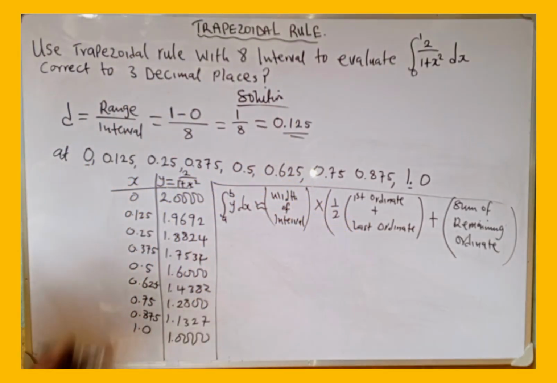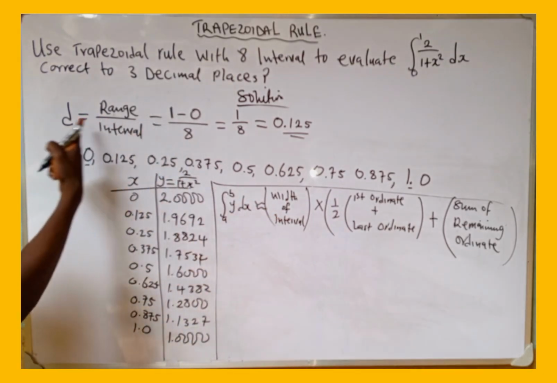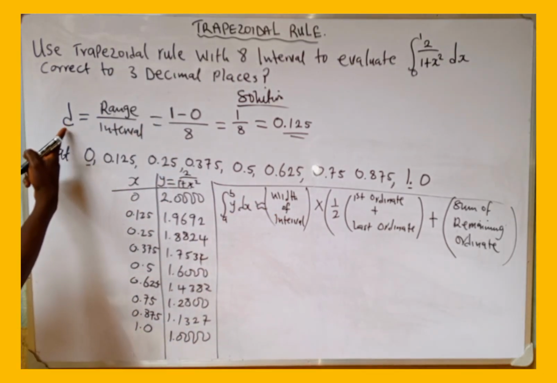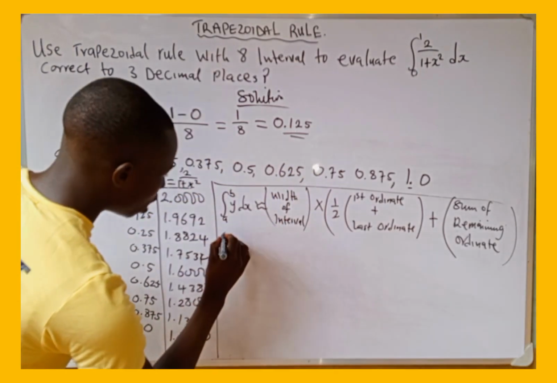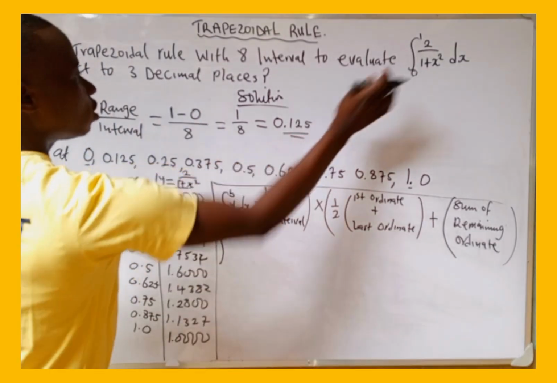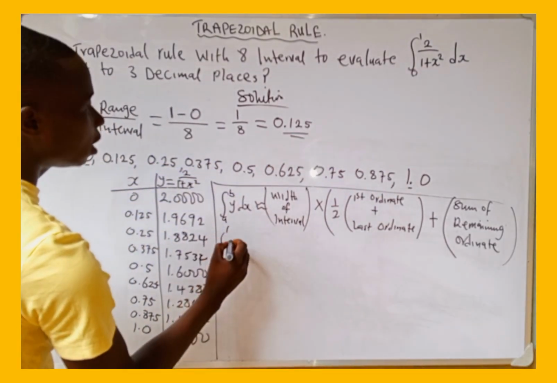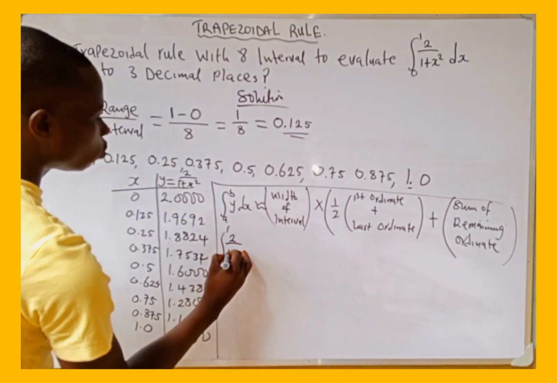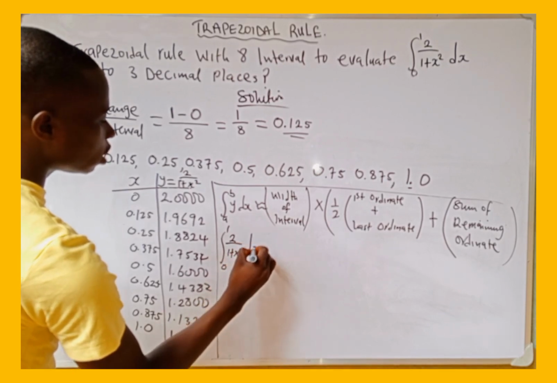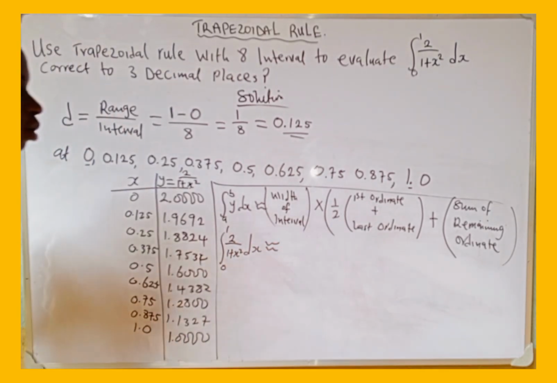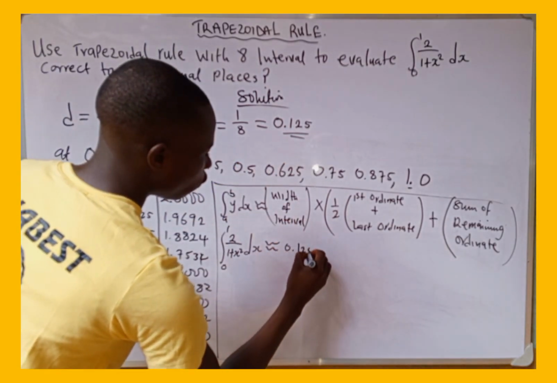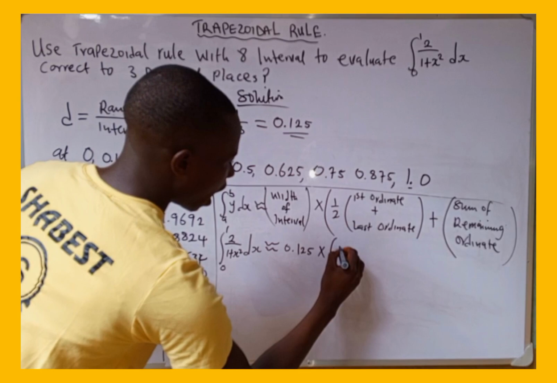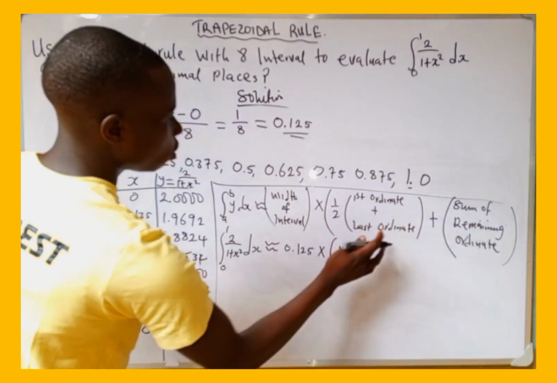So here are the ordinates. The width of the interval is denoted as small letter h, which is 0.125. Now we can substitute into this formula. We're going to have the integral, from the question, the limits are 0 to 1, and the function is 2 over 1 plus x squared, with respect to x, which is approximately the width of the interval, 0.125, multiplied by half of the first ordinate plus last ordinate.